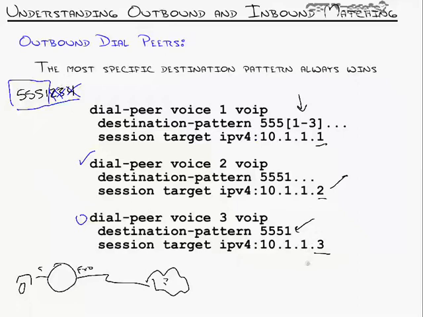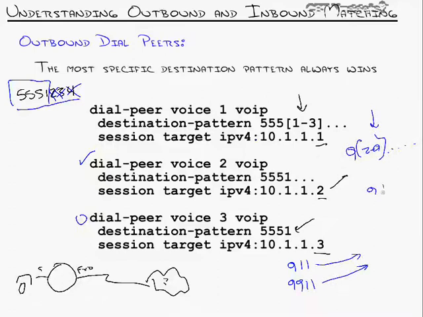Now, it seems like, oh, that's bad. Why would we have that? Well, it's actually good if we have patterns like 911 or 9911, which are going off to emergency numbers. I mean, if we've got overlapping patterns, like for instance, 9, we'll say, bracket 2 through 9 ... I'm just scribbling here, but this is, we'll say, our 7-digit dialing.